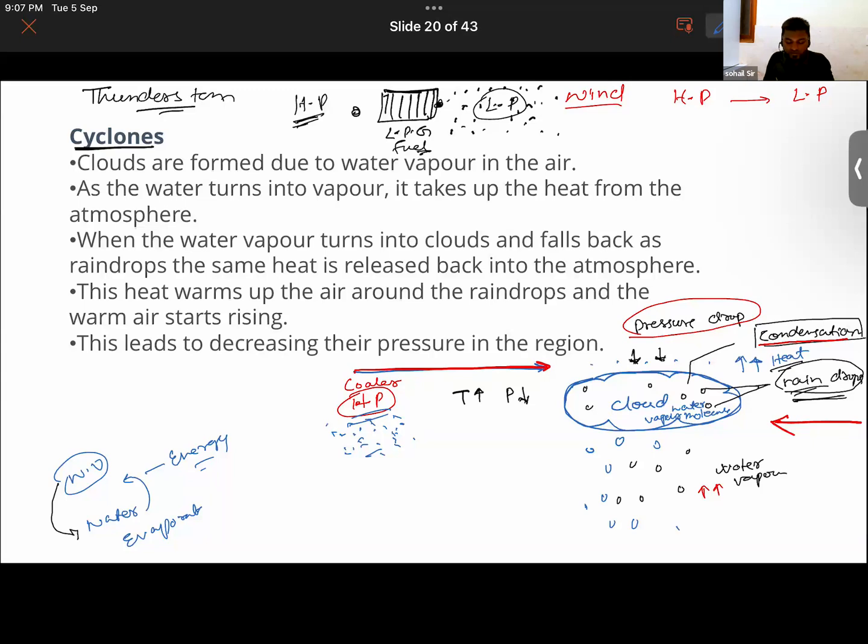So the air molecules from this region will try to spread, where there is availability of space. Let me point it out: here there is availability of space, while here the air molecules are very concentrated. Air, as you know, tends to expand, so from this region it will start moving towards this region. Is that clear?